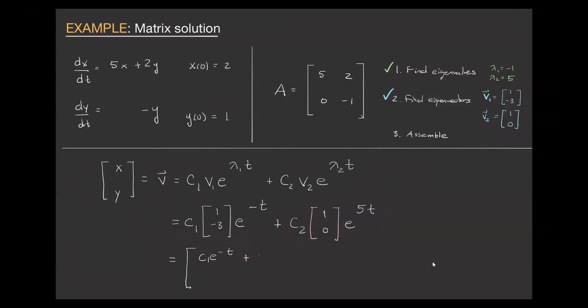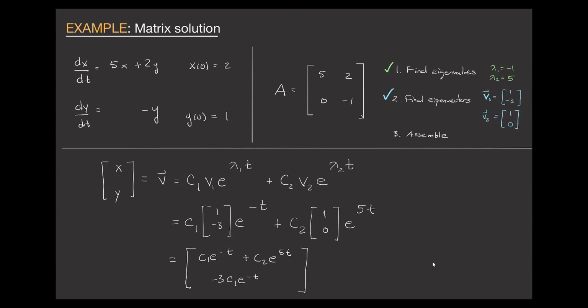So we get plus C2 e to the 5t. All this is top row stuff. In the same way, bottom row stuff would be C1 times -3 e to the negative t, plus C2 times 0. That gives us just -3 C1 e to the negative t.